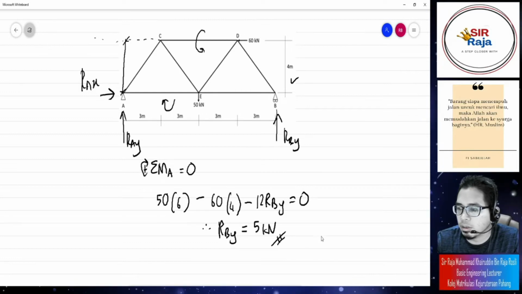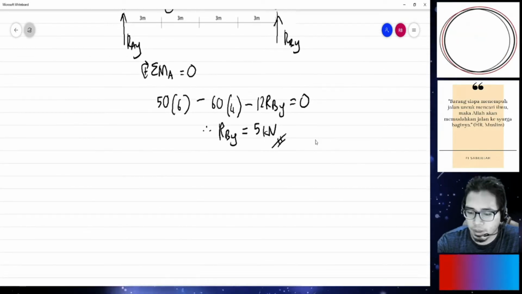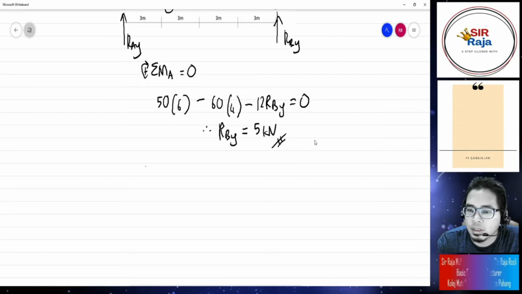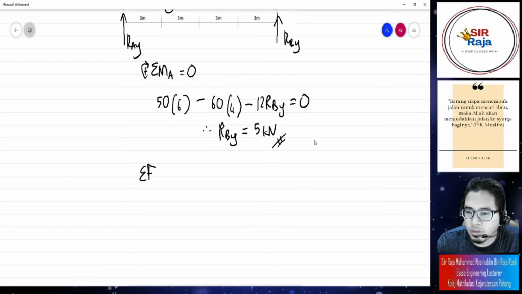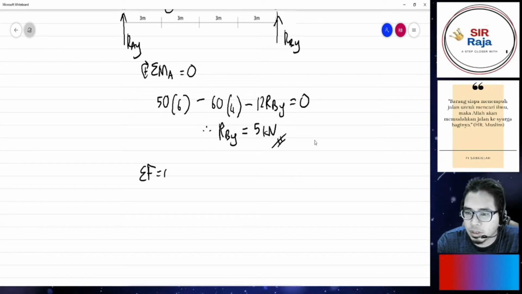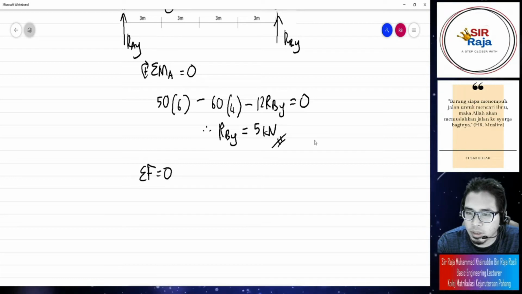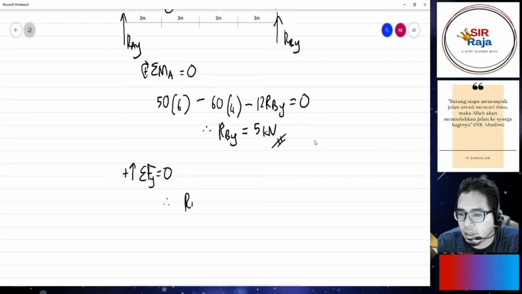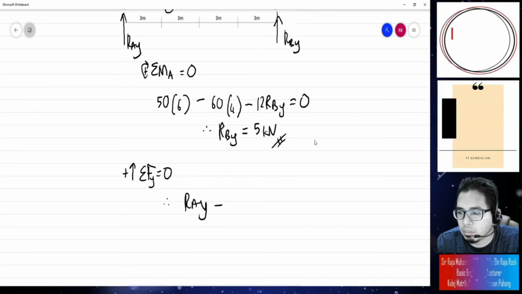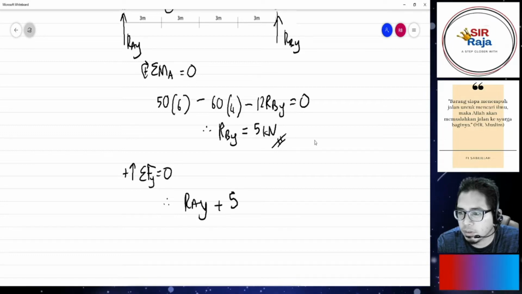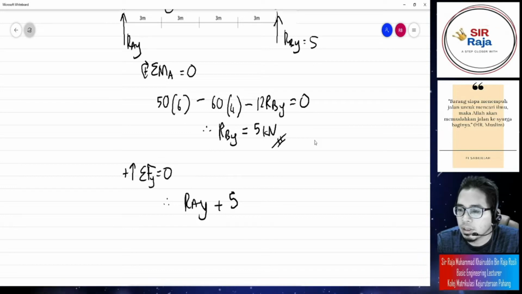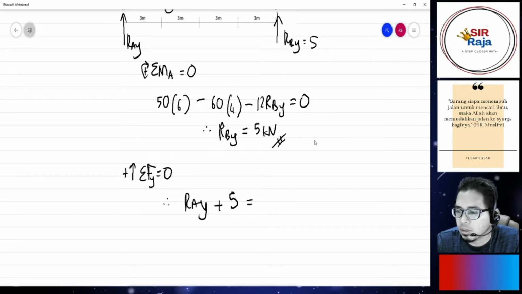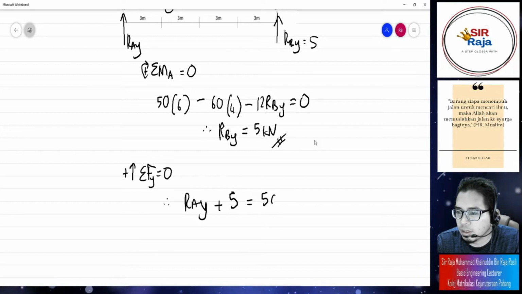Now since we have RBY, we can use force equilibrium, sum of forces equal to 0, and of course I'm going to look at Y first. Therefore, RAY plus RBY, which is 5, we got from here, is equal to 50.